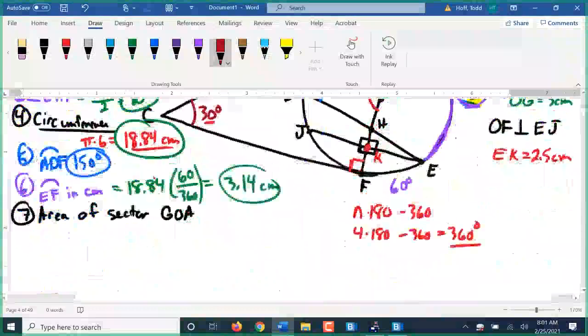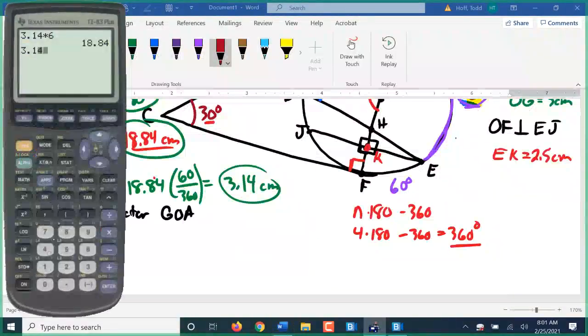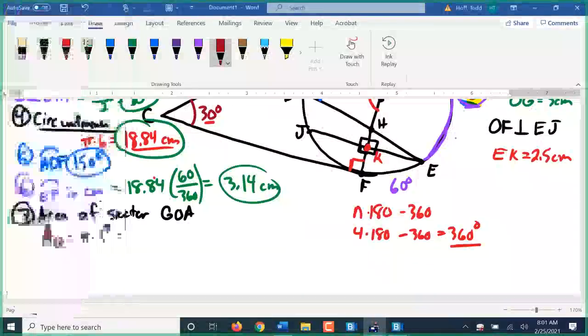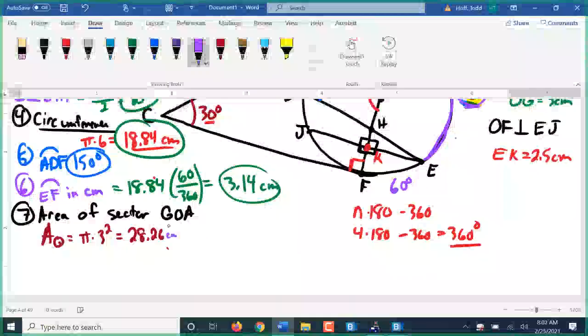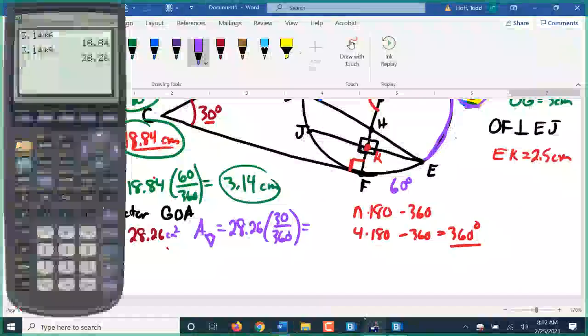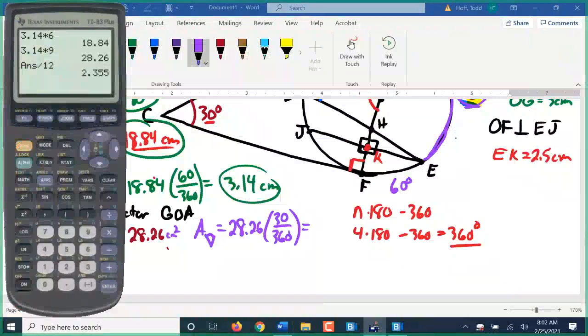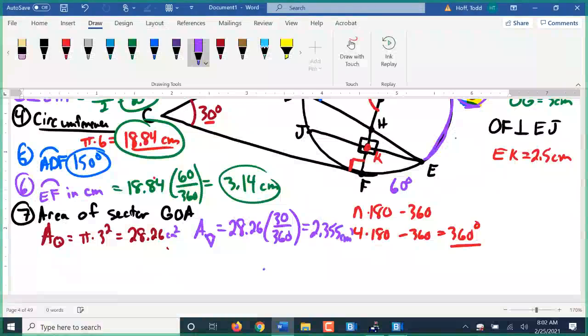So I have the area of the whole circle, pi times 3 squared, 28.26. That's going to be centimeters squared. So the area of the sector is that area of the circle, 28.26, times that was a 30-degree angle, 30 over 360. It was 2.355 centimeters squared is that area.